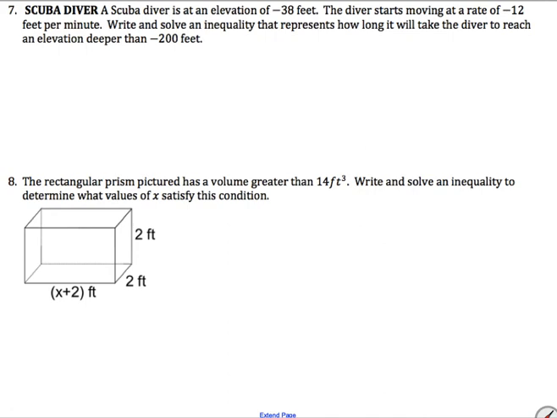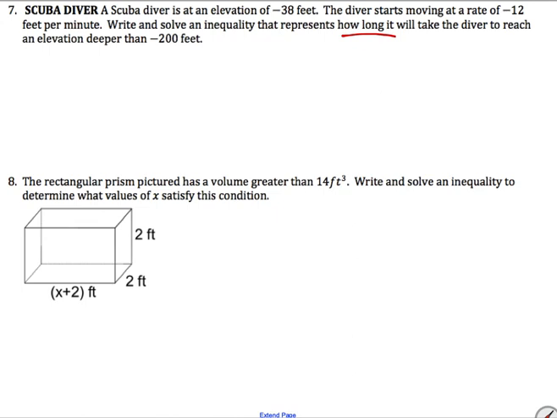Number 7 is a situation problem in which you're dealing with a scuba diver and their location. Actually, how long? You're dealing with a time, how long it's going to take them to reach an elevation deeper than -200 feet.